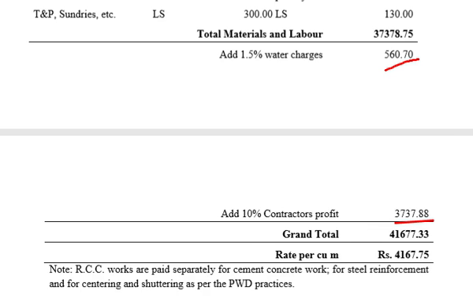We are calculating this work for 10 cubic meter of concrete work, so here we have to divide this by 10. So the rate per cubic meter, for 1 cubic meter RCC work, we require 4167.75 Indian rupees.